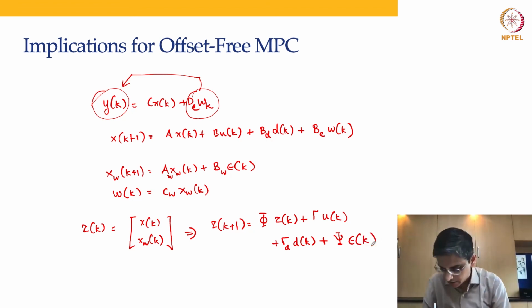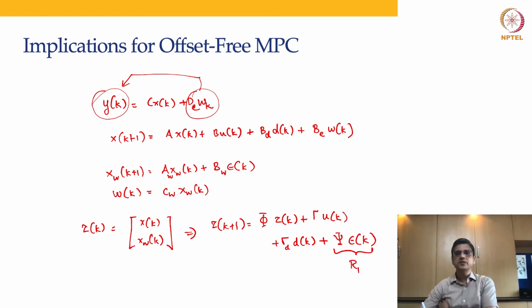Okay, and the covariance is going to be R1.